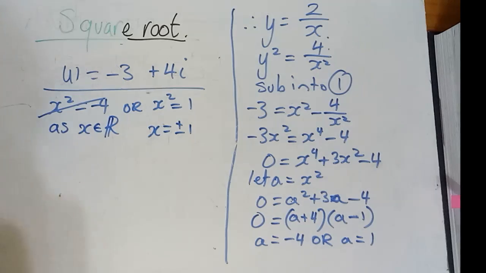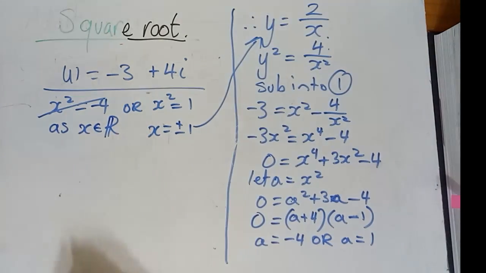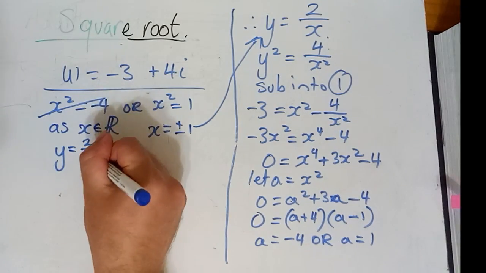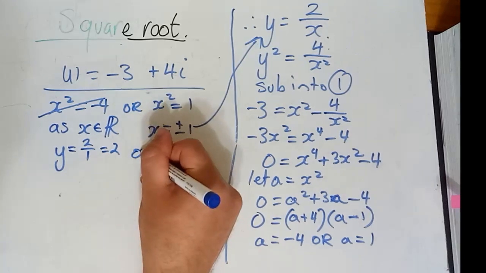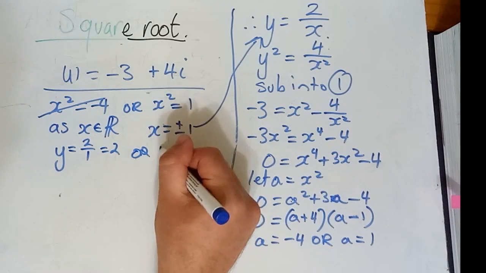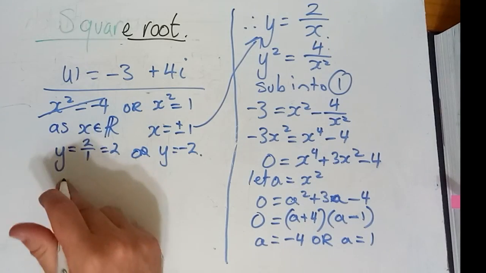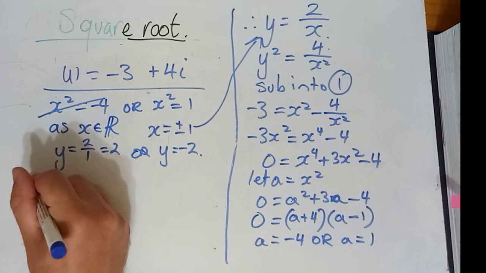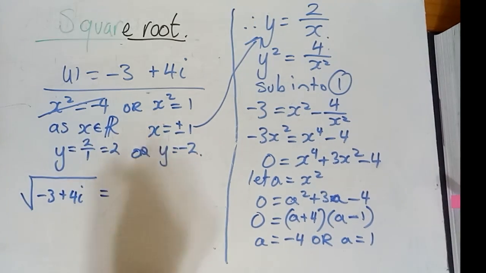So if x is plus or minus 1, we can substitute that back up into here. So we can go y is equal to 2 on 1, which is just 2, or 2 on -1, which is -2. Okay, so we've got two possibilities for our square root. We're trying to find the square root of -3 plus 4i.